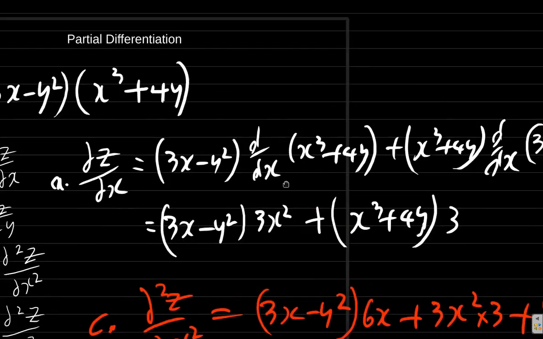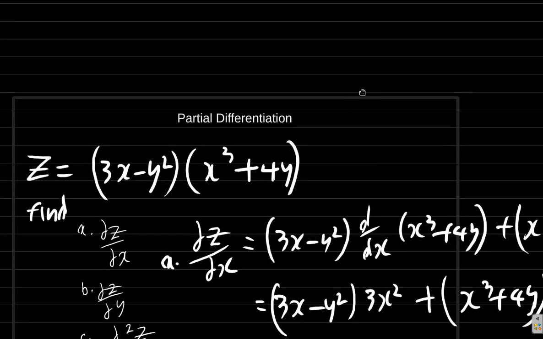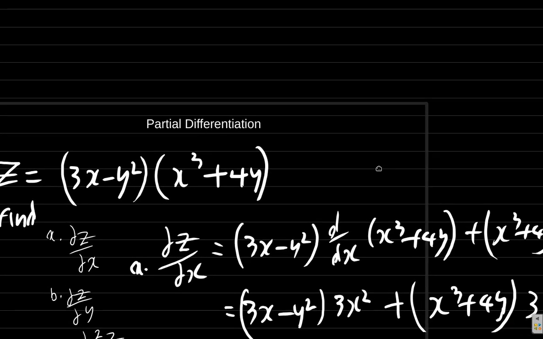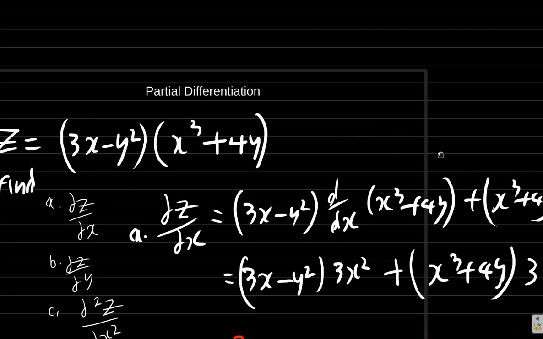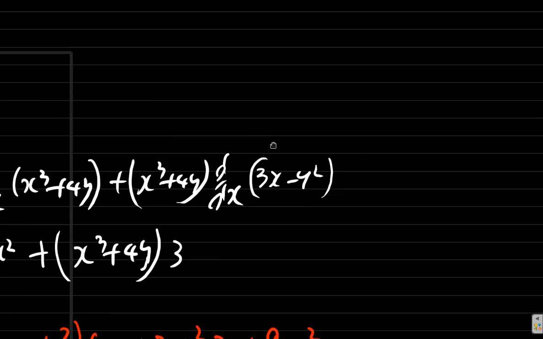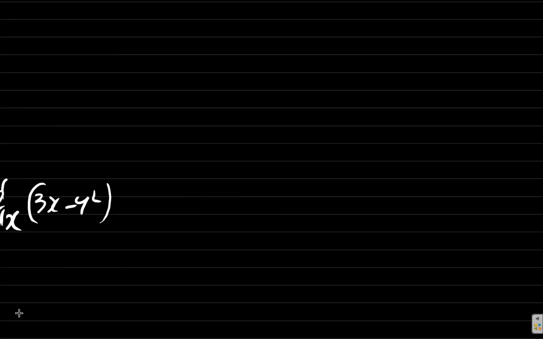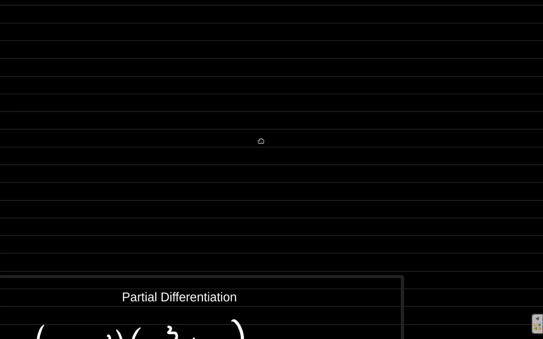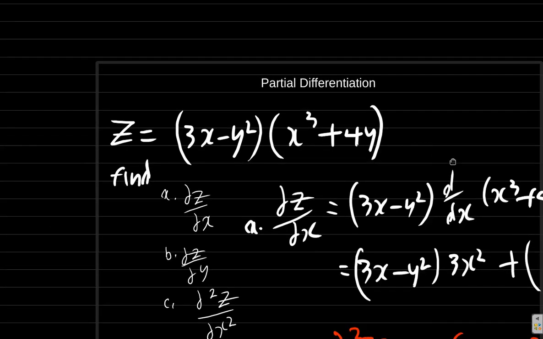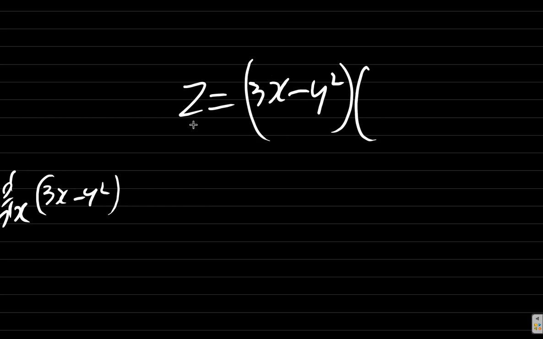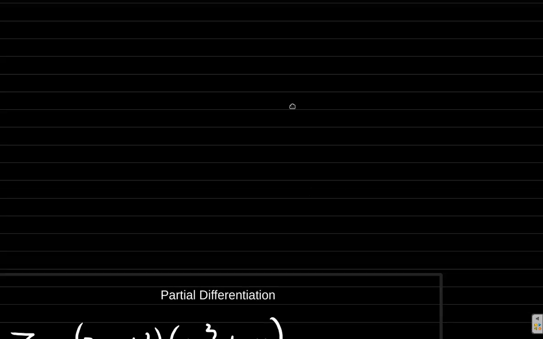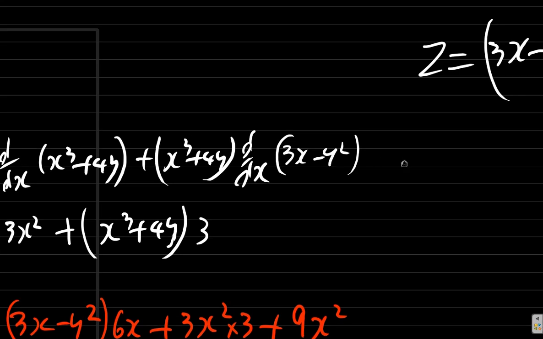Now, here, let me suppose that you had multiplied out the bracket first before you work it out. So let's look at that. z equals 3x minus y squared by x cubed plus 4y.